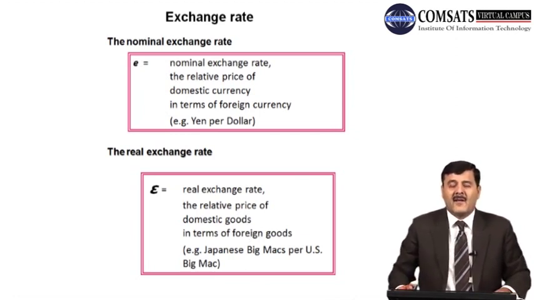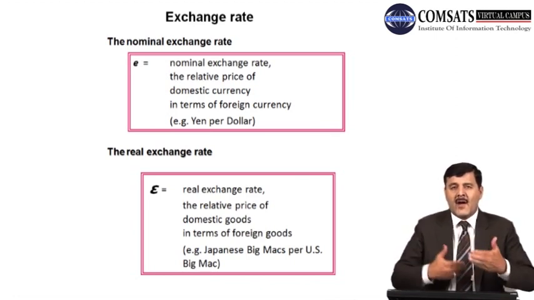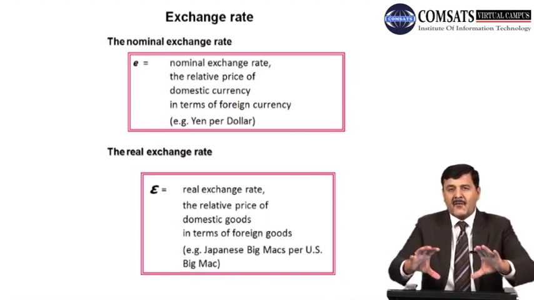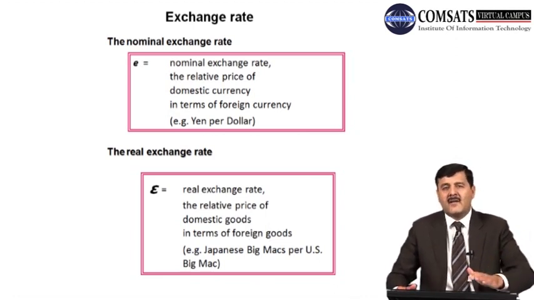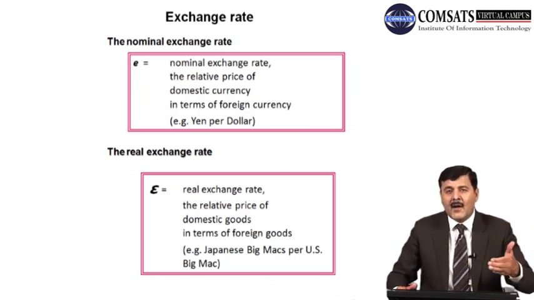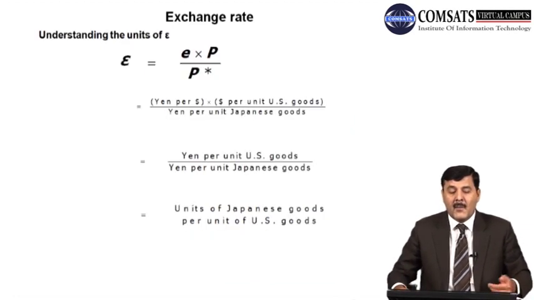In real exchange rate we take the ratio of the prices of the domestic and foreign goods. So the difference is that the nominal exchange rate is the price of one currency in terms of other currency, and the real exchange rate is the relative price of domestic goods in terms of foreign goods. So we'll continue to explain these two.